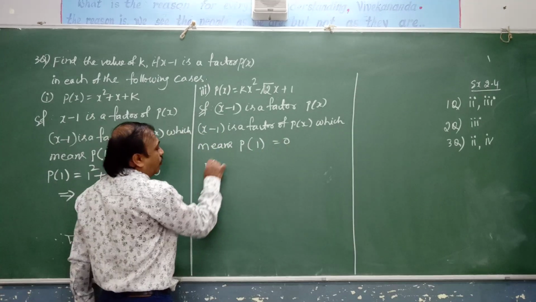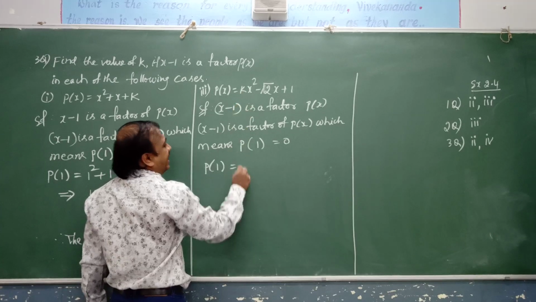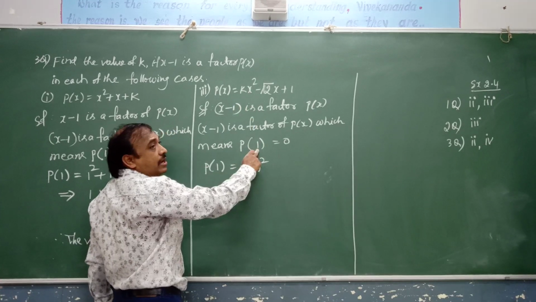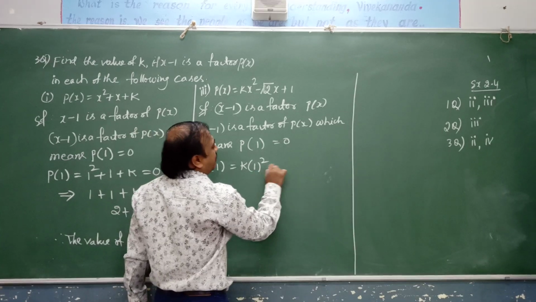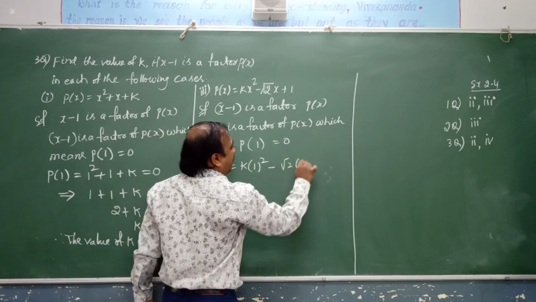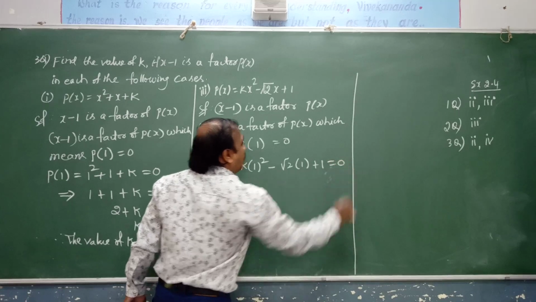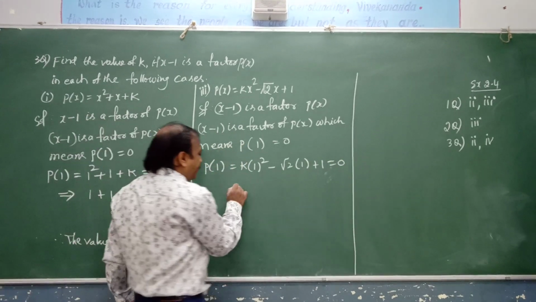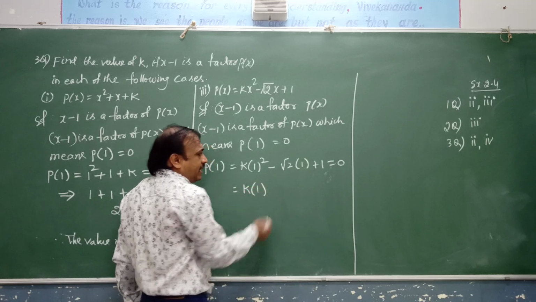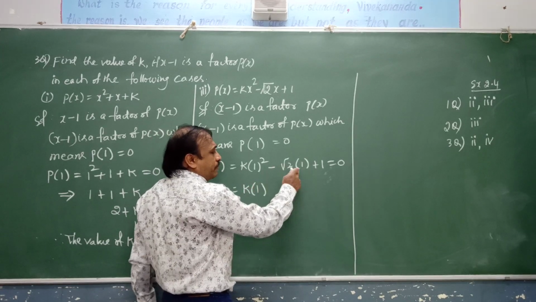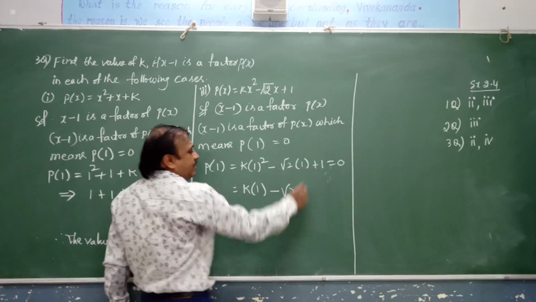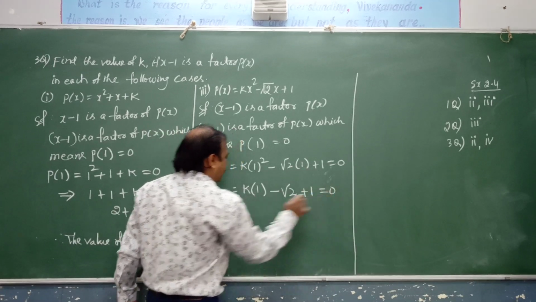Now 1 is substituted in place of x. K into 1 square minus root 2 into 1 plus 1 is equal to 0. K into 1 square is 1, and minus root 2 into 1 is minus root 2, and then plus 1 is equal to 0.